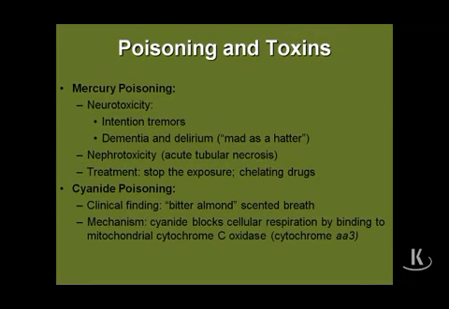The important mechanism is that cyanide likes to bind to the enzyme in the mitochondria called cytochrome c oxidase. That's obviously going to lead to a disruption of oxidative phosphorylation, diminishing the ability to make ATP. And again, as I mentioned, it's just a systemic asphyxiant.